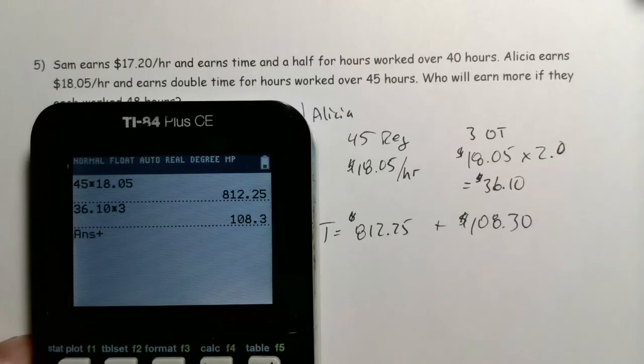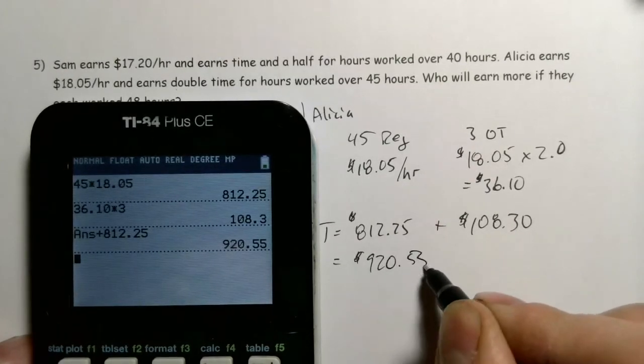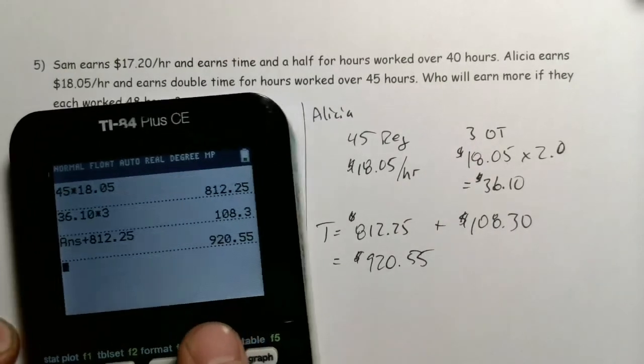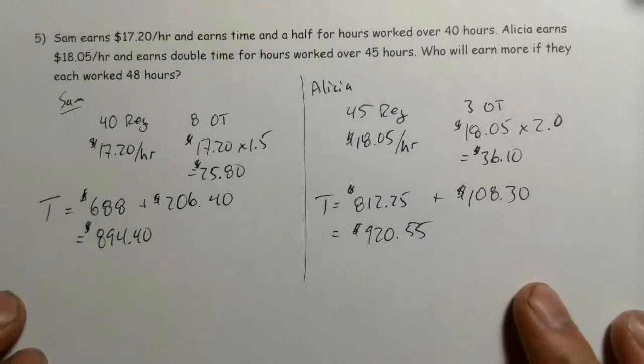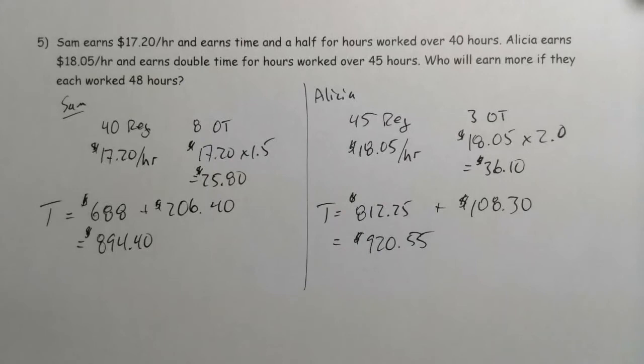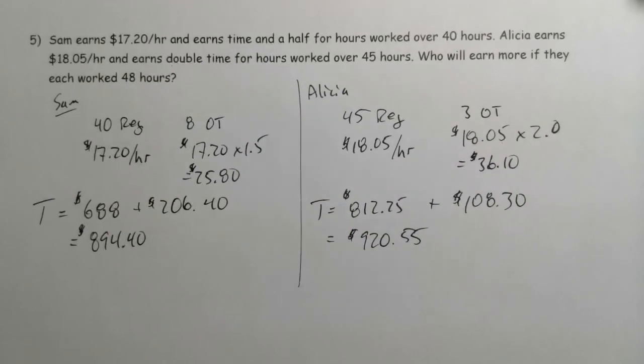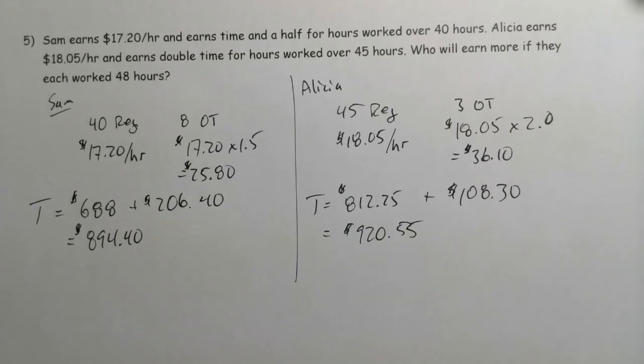And now, if we add those two values together, she gets $920.55. So even though she got less overtime in terms of the overtime hours, she's getting more per hour, and that double time works largely in her benefit. So there you go. Alicia makes more.